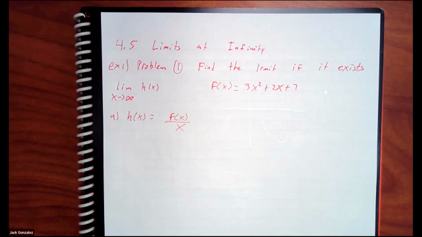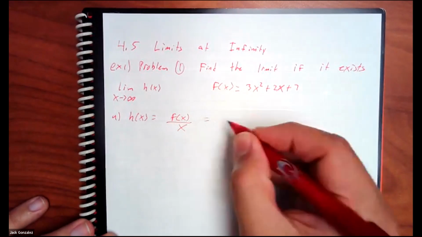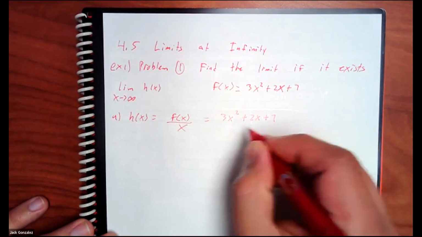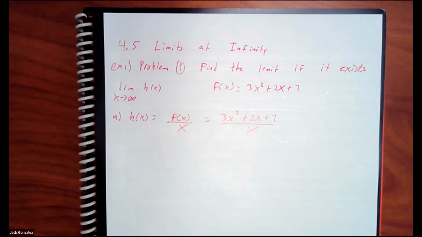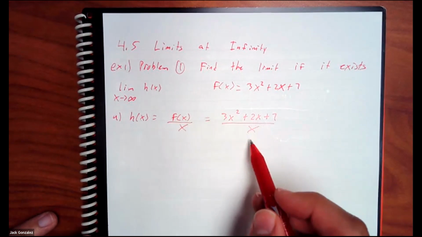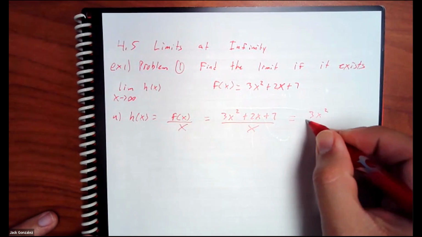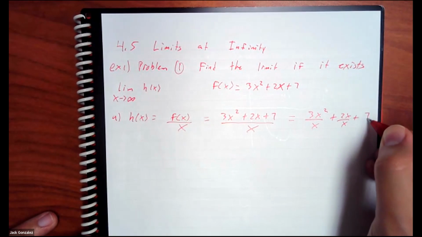Okay, so let's set it up. That'll be 3x squared plus 2x plus 7 over x, which technically reduces, right? You can divide each term by x, which gives us 3x squared over x plus 2x over x plus 7 over x.